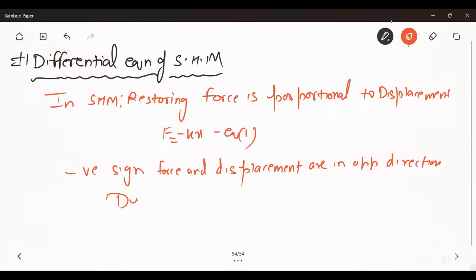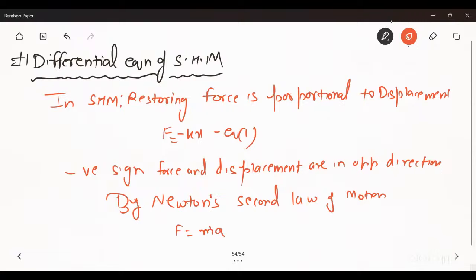By Newton's second law of motion, F is equal to ma.